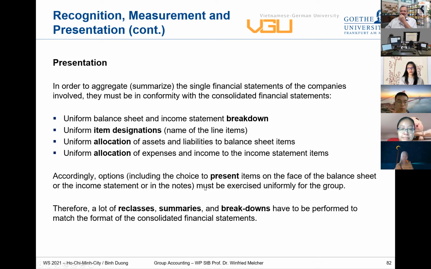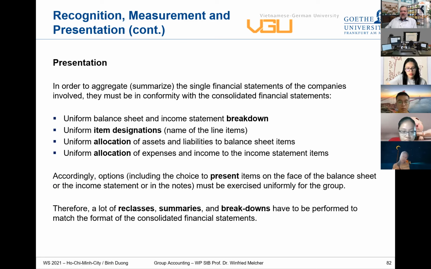Well, what about presentation? In order to be able to add apples and apples and bananas and bananas, you have to put apples and bananas in the right row. Okay, so you have to have a uniform balance sheet and a uniform income statement.